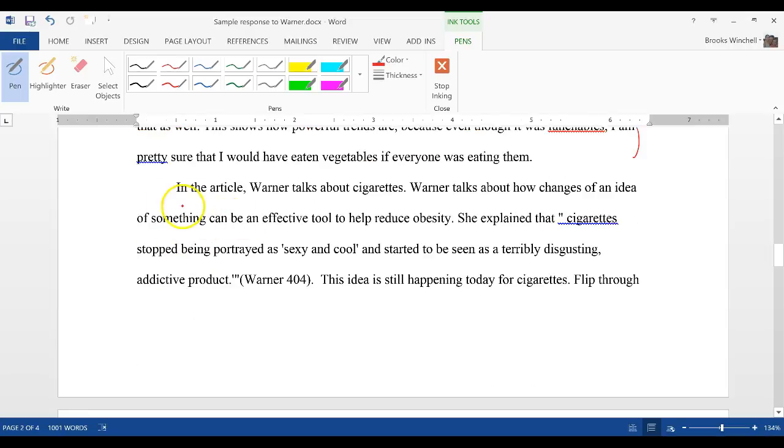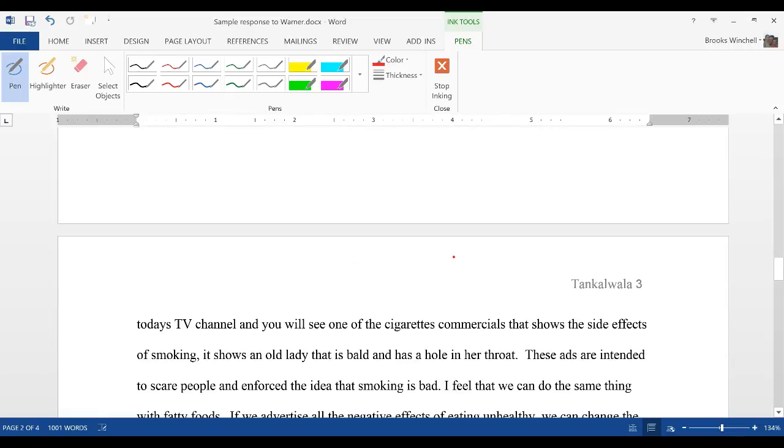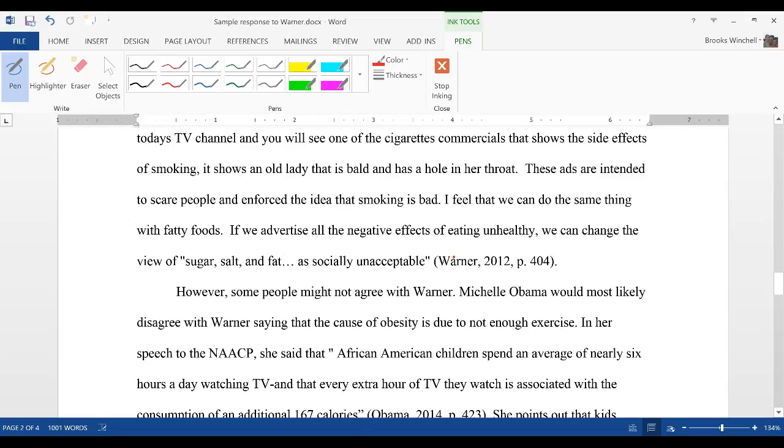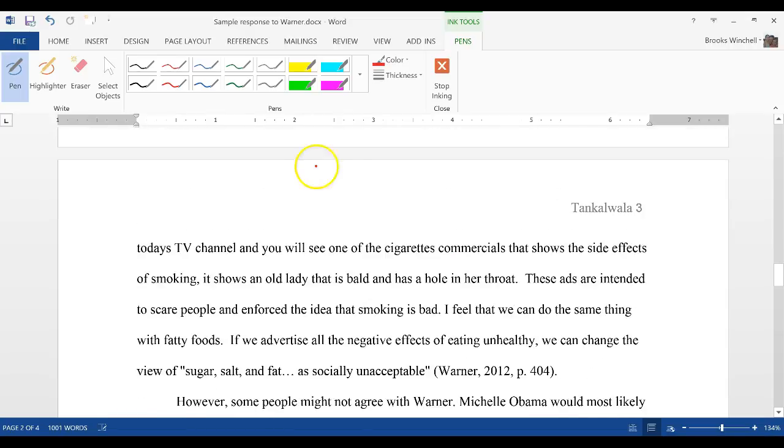In the article, Warner talks about cigarettes. Warner talks about how changes of an idea of something can be an effective tool to help reduce obesity. She explained that cigarettes stopped being portrayed as sexy and cool and started being seen as terribly disgusting addictive product. This idea is still happening today for cigarettes. Flip through today's TV channel, and you will see one of the cigarette commercials that shows the side effects of smoking.